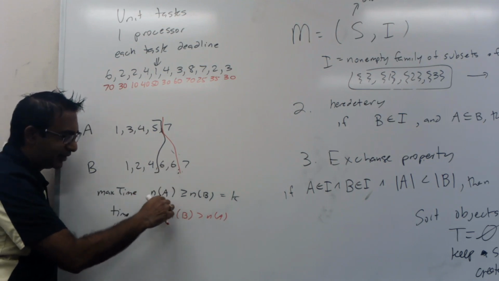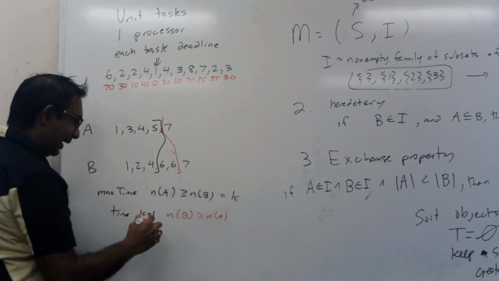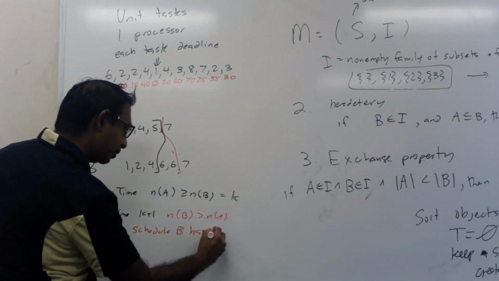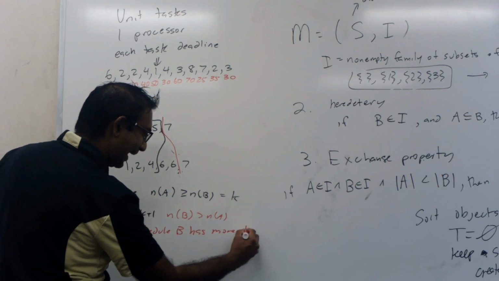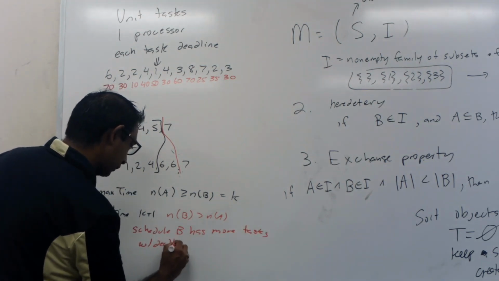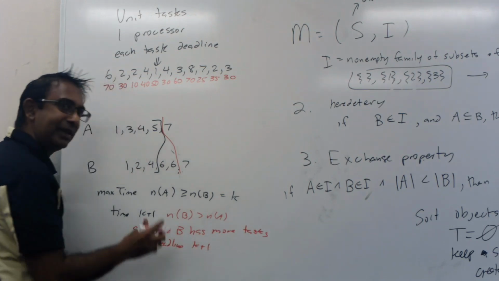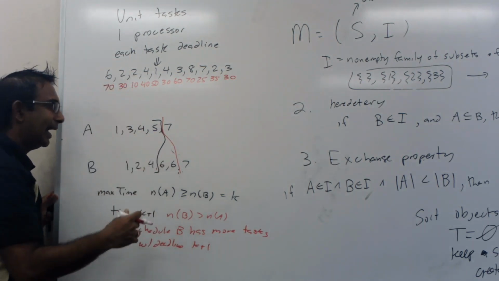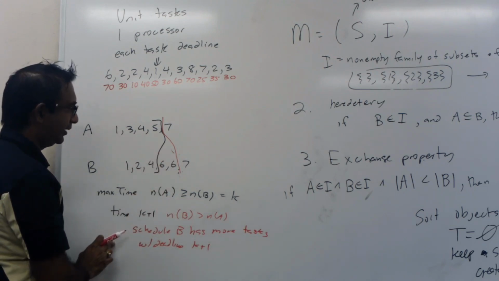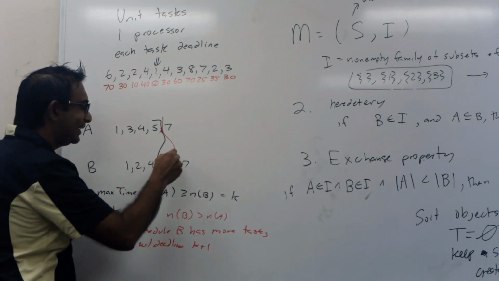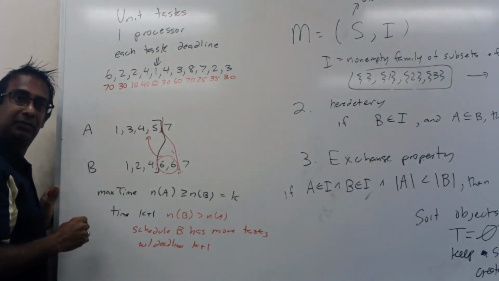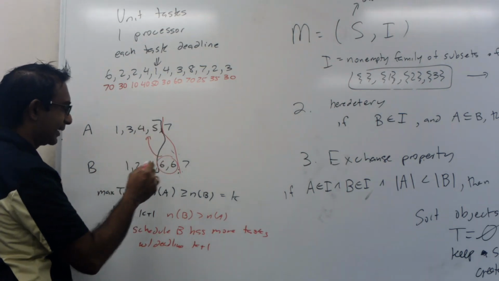And if this is true and this is true, that means that schedule B has more tasks with deadline K plus 1, right? There has to be some crossover point. And since it has more tasks with time K plus 1, what we know is that at least one of these tasks is not in this schedule.